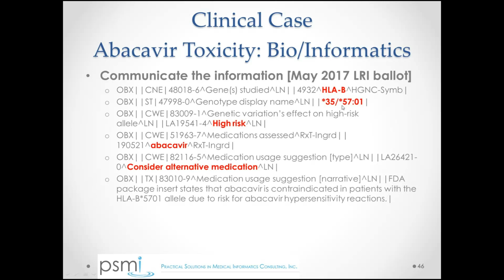But the presence of even a heterozygote allele 5701 is known to put the patient at high risk, and so the variation's effect is a high-risk allele, and this would be for abacavir with a recommendation of consider alternative medications.